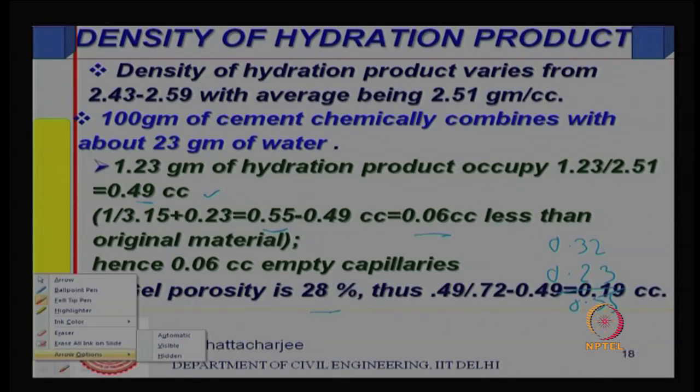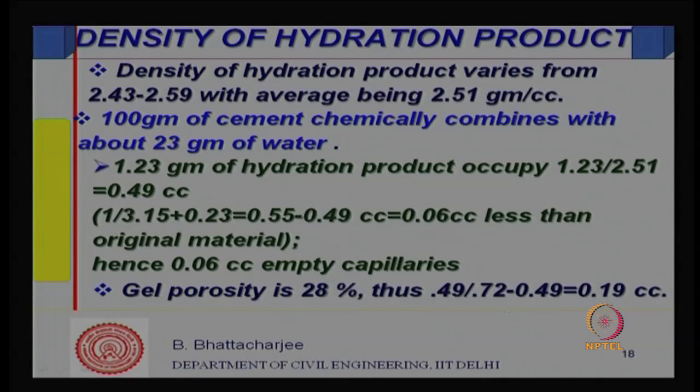Therefore, 0.49 divided by 0.72 will give you roughly about 0.68, and this difference gives you 0.19 cc. So, the gel porosity is 0.19 cc, or I mean gel pores is 0.19 cc.